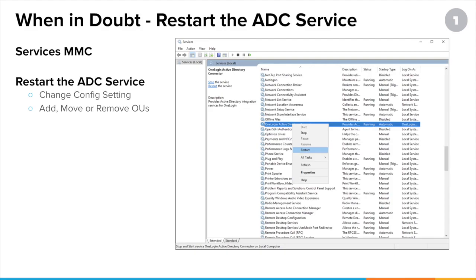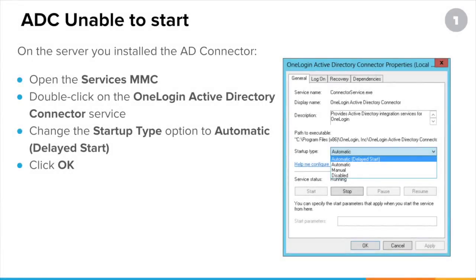And don't forget to change that ADC service so it starts automatically with a delay, because of those dependencies, some admins find that it does not come back automatically when their servers have to be rebooted. So setting it to the delayed start will fix that problem.